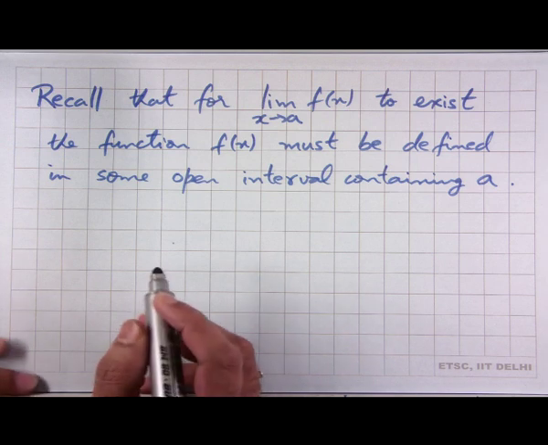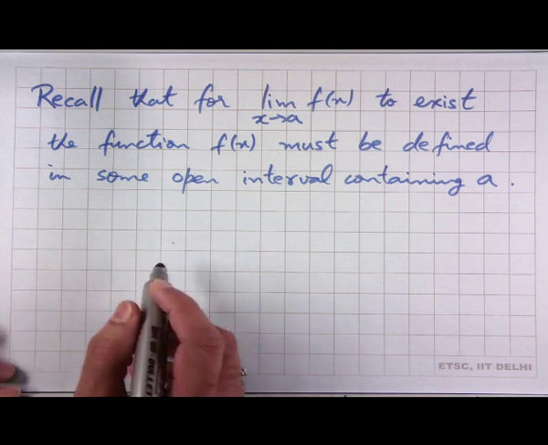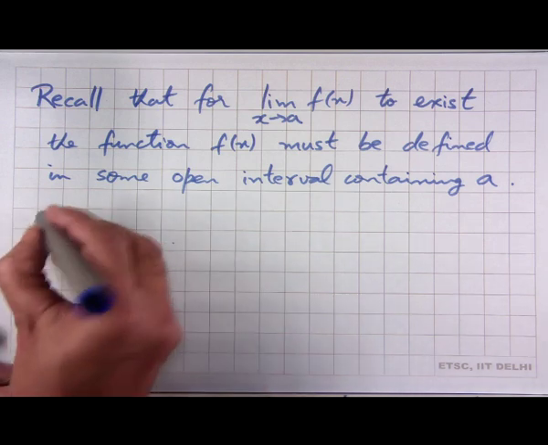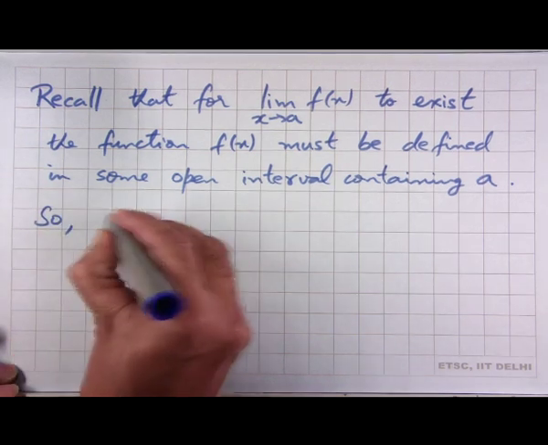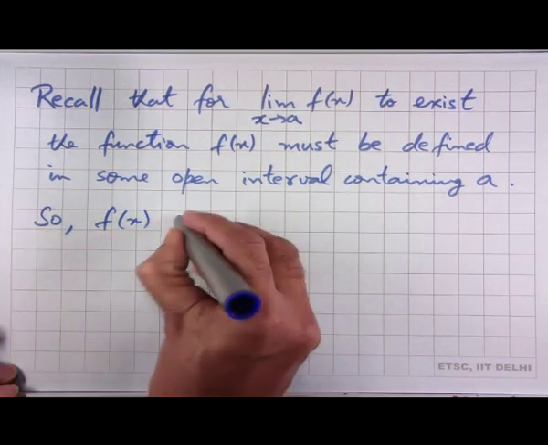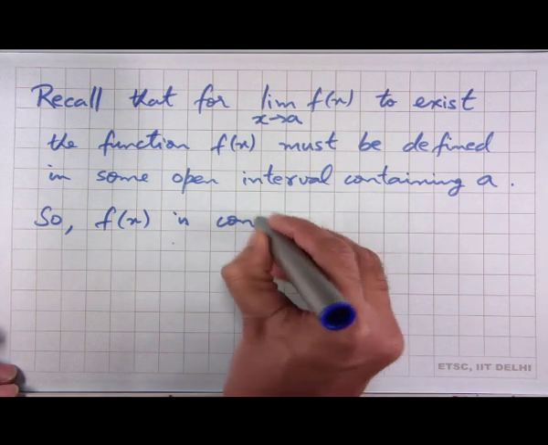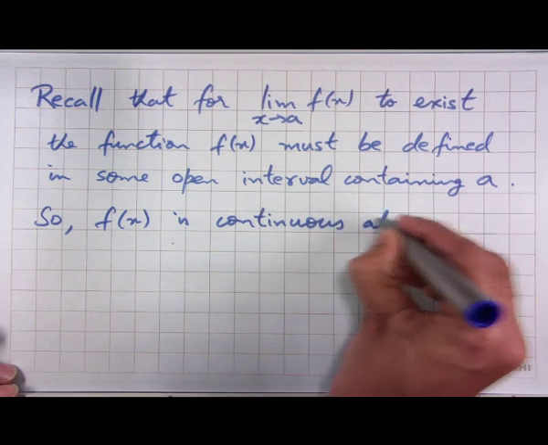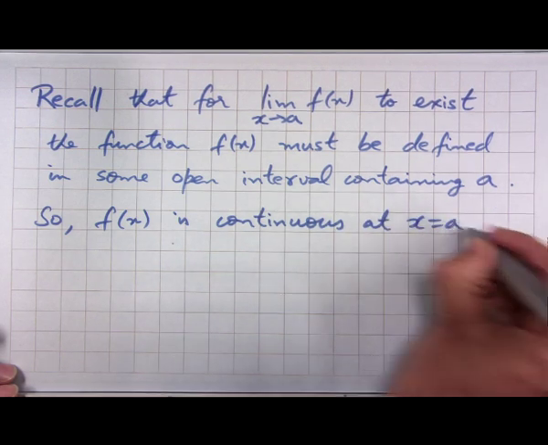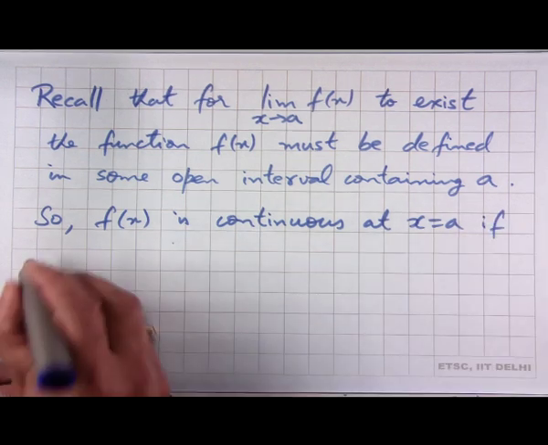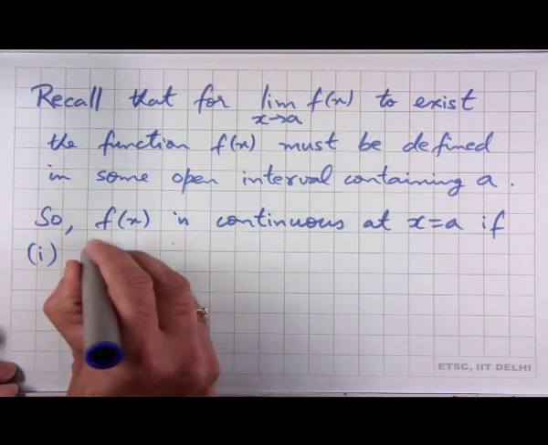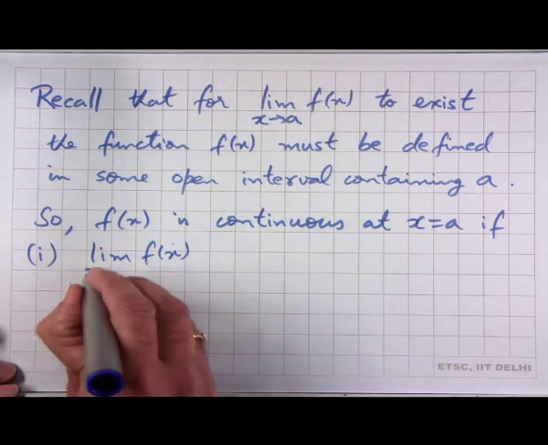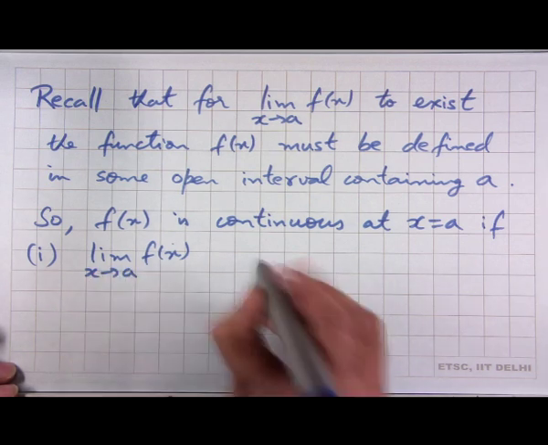So, we say that f of x is continuous at x equal to A if there are two conditions. First, the limit of f of x as x approaches A exists.